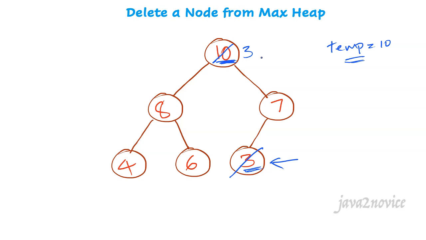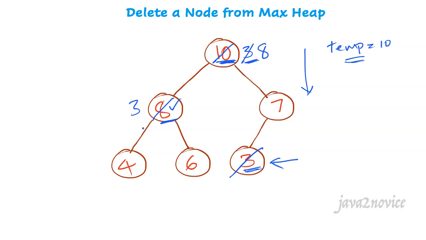So let's start heapification from top to bottom. We will compare 3 with its children 8 and 7. 3 is smaller than its children. We will swap the root node value with the maximum of its children. Since 8 is maximum, we will swap 8 and 3. 3 will be here, 8 will be here.